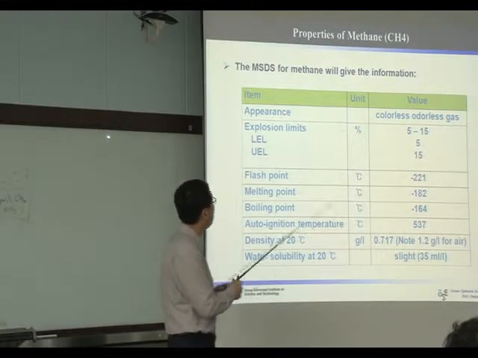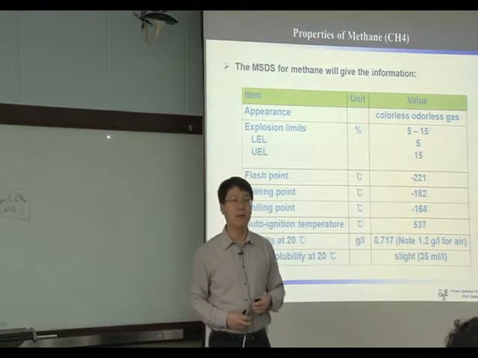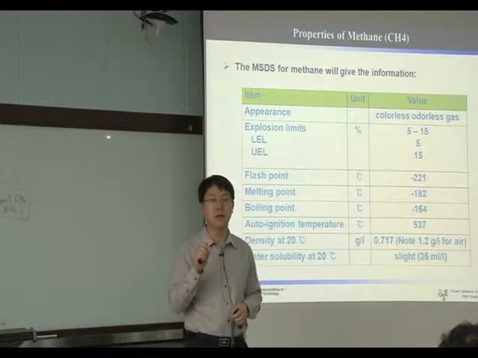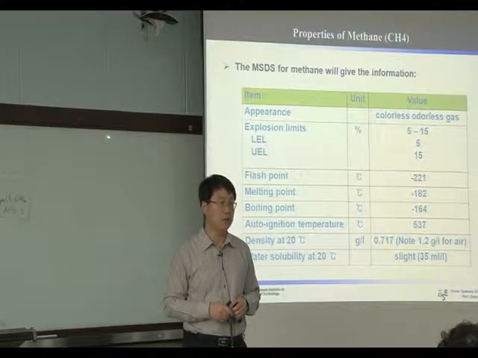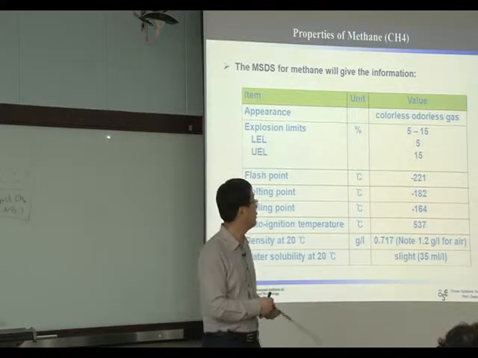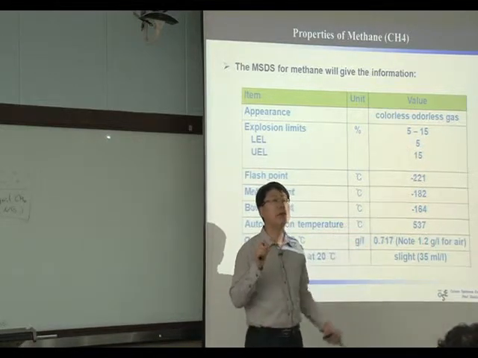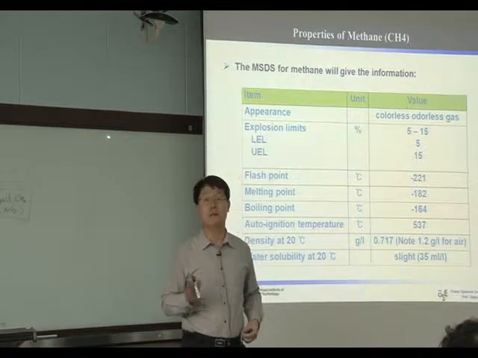If the methane concentration is less than 5%, the mixture is too lean in terms of fuel, so we cannot ignite the mixture. Can you understand me? At this point, 5%, the methane concentration is too low. We don't have enough fuel.